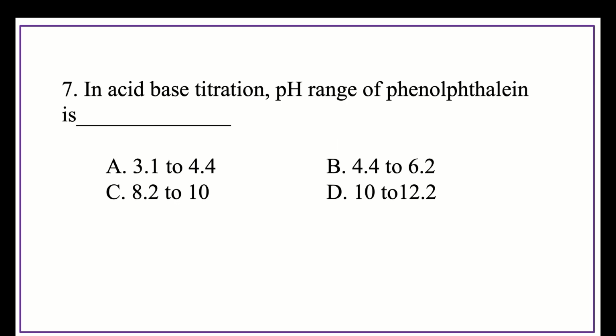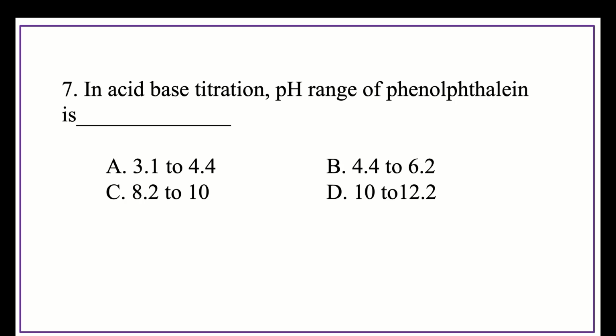In acid-base titration, pH range of phenolphthalein is, so based on the value of pKin, that is an indicator constant value, plus or minus 1 is the range that we get for any indicator. So based on the pKin value, it is nearly about 8 to 10, that is the pH range found for phenolphthalein indicator. The pKin value found is near about 9.